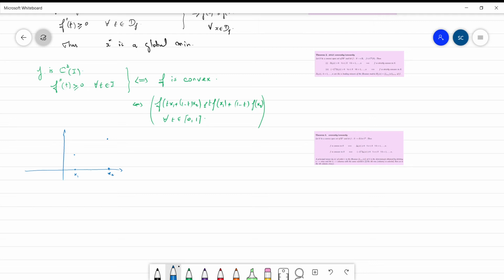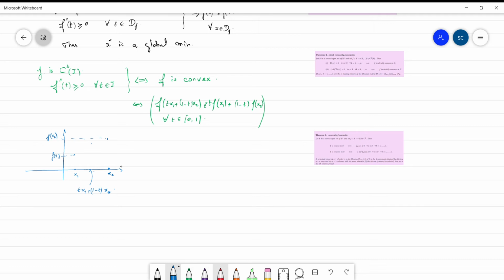So any point here we can write as t times x1 plus (1 minus t) x2. And f taken at this point remains less than t times f(x1) plus (1 minus t) f(x2). So if this is f(x1) and this is f(x2), again a linear combination like this one of f(x1) and f(x2) remains here.